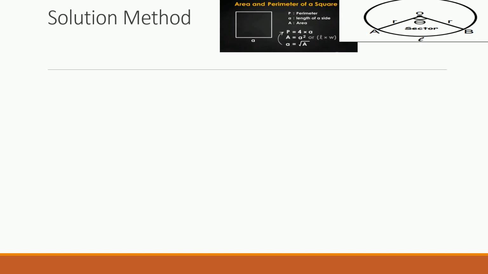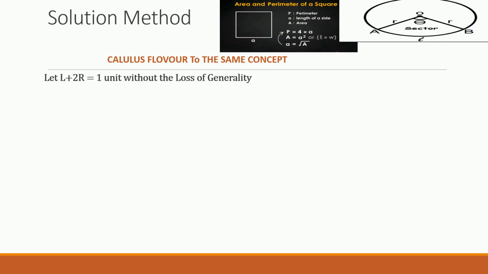Let us give calculus flavor to this concept. Let L plus 2R is equal to 1 unit without loss of generality. L is equal to 1 minus 2R. Area is LR by 2. You express area in terms of radius, that becomes half into R minus 2R squared.